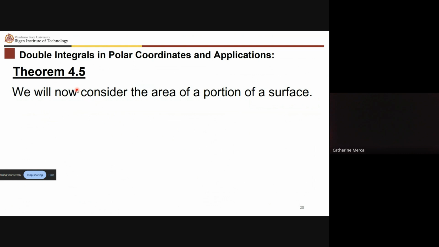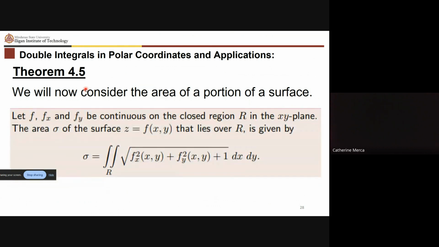So the next topic is on double integrals in polar coordinates. We have the following theorem. You have to consider the area of a portion of a surface. Let the functions f sub x and f sub y be continuous in the closed region R in the xy plane. The area sigma of the surface z is equal to f of xy that lies over R is given by the following.